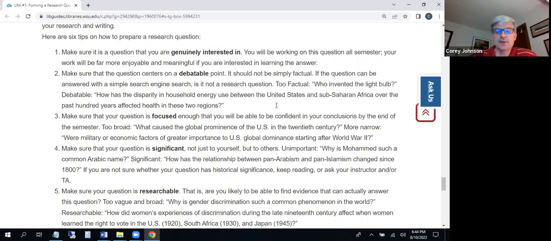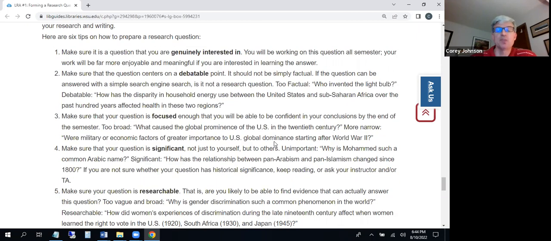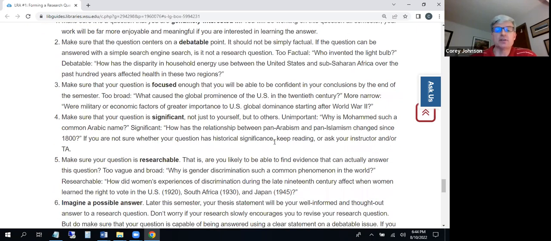I also want to talk about number 5 here, where it says, make sure your question is researchable. One of the things that typically happens is that people start with a very large question or even a very general topic, like I'm just interested in gender discrimination. Well, you can't write this essay covering gender discrimination across the entire world for all times.